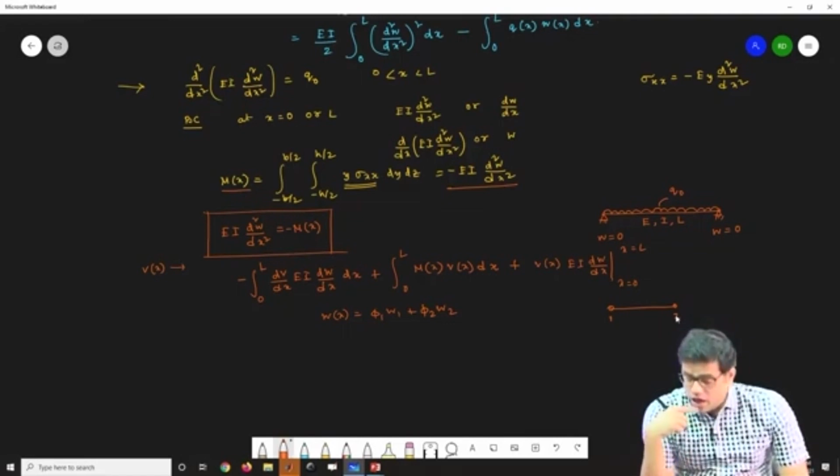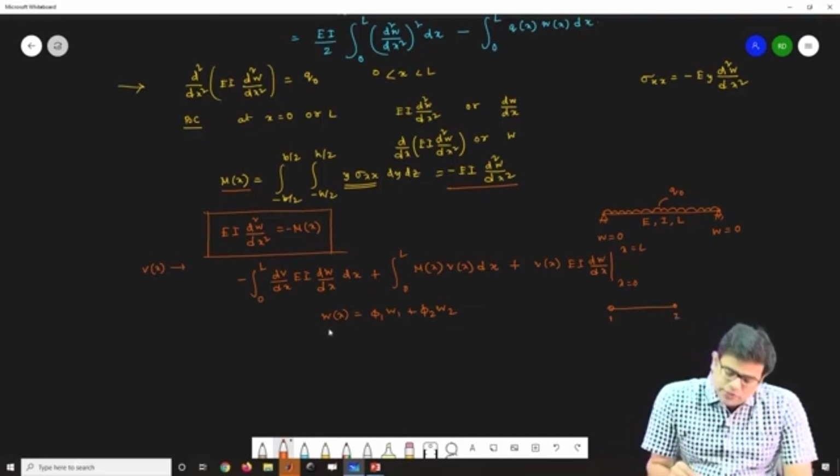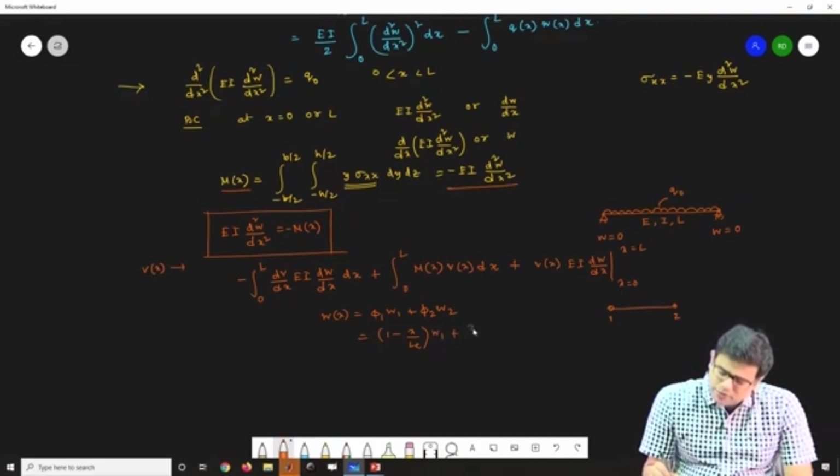And then the interesting thing is that if you compute dw/dx, this is a linear function. Let me write it: x by Le w1 plus x by Le w2. So if I consider my dw/dx, that is (w2 minus w1) by Le.